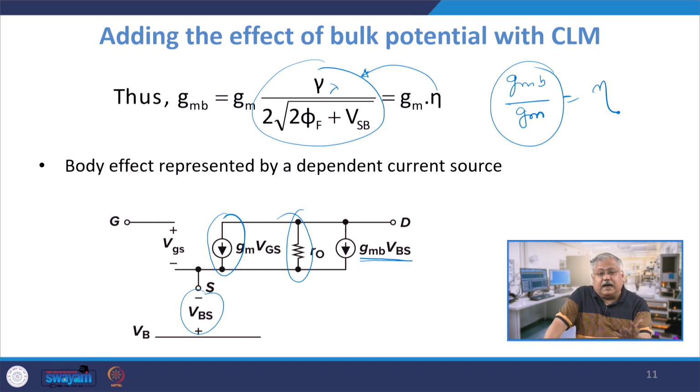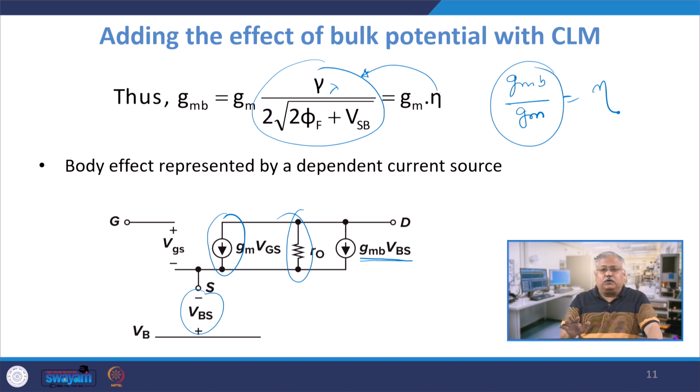So the total current will change if you take both CLM and body effect into consideration, right? That's what is shown in this example. And GMB by GM will be a function of eta, where eta depends upon the value of lambda, the CLM parameter, and VSB. Which means that if my lambda goes on increasing, right, I would expect to see my GMB by GM going on increasing, right, and vice versa.